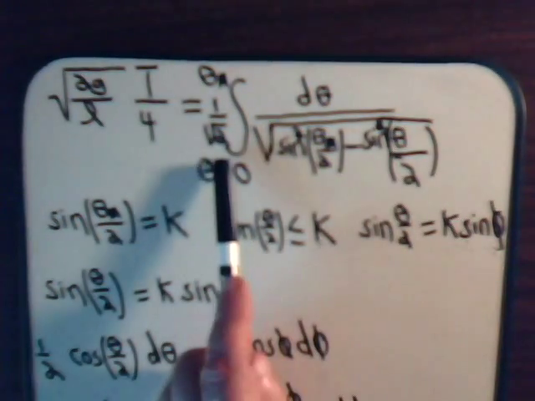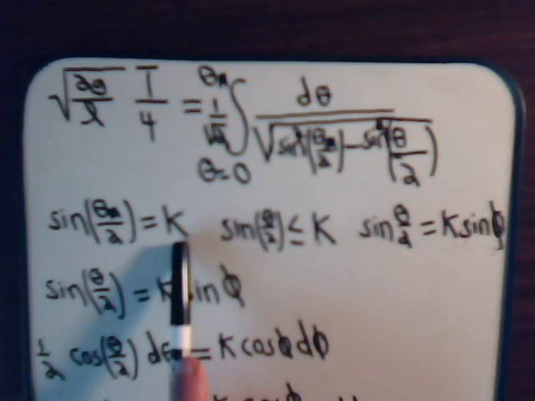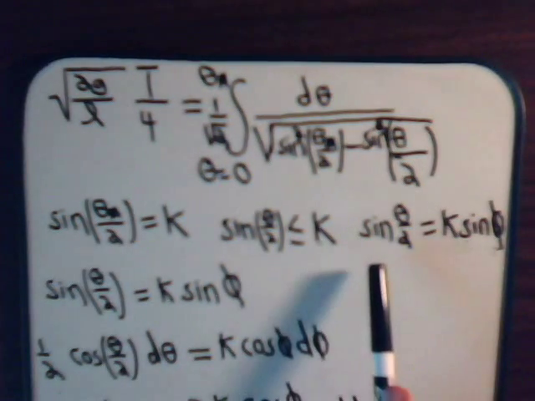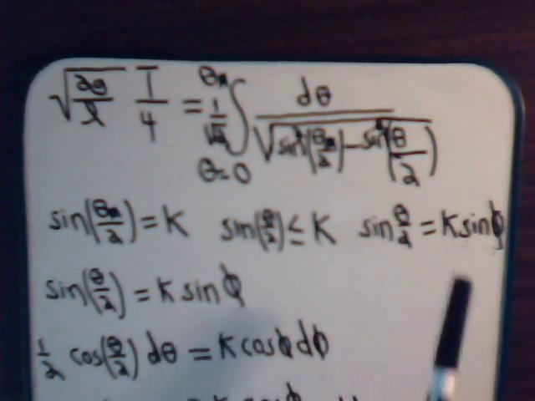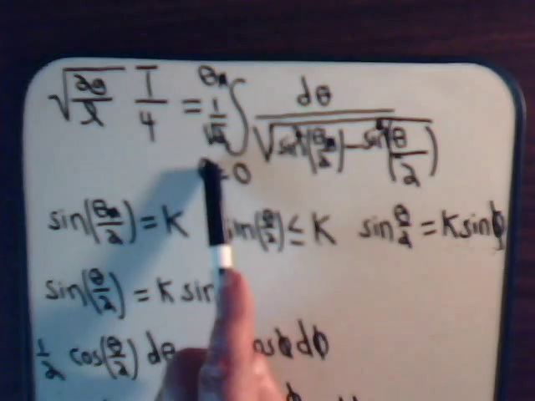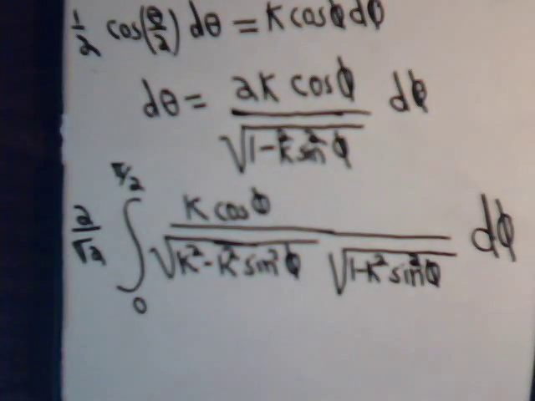So here then, let's just go back. We started with this integral. We made this substitution, which followed into this. And then finally, that transformed this integral into this integral.